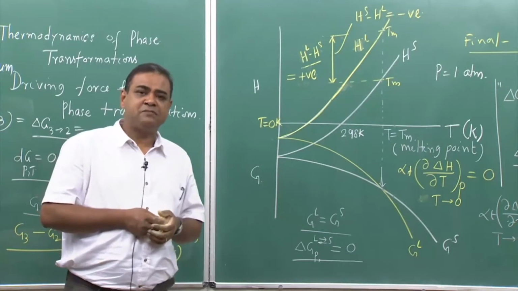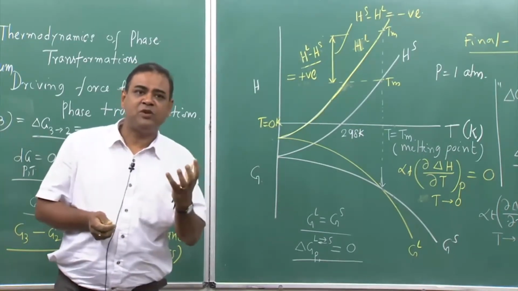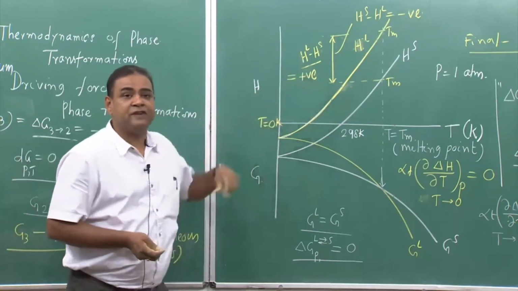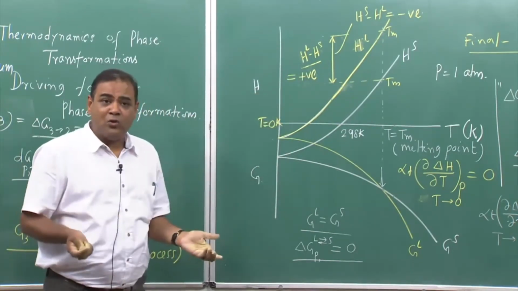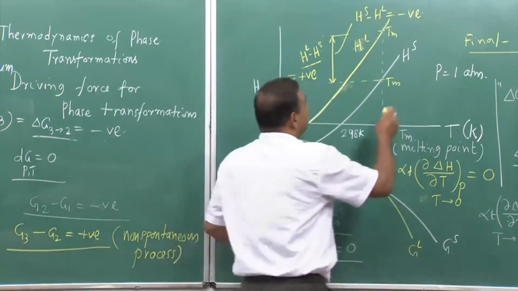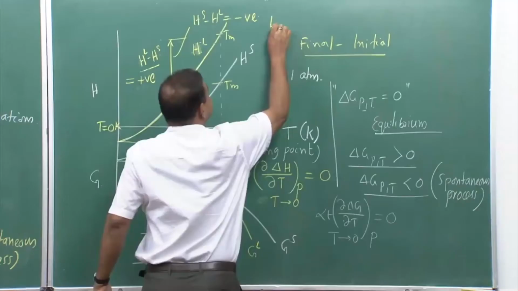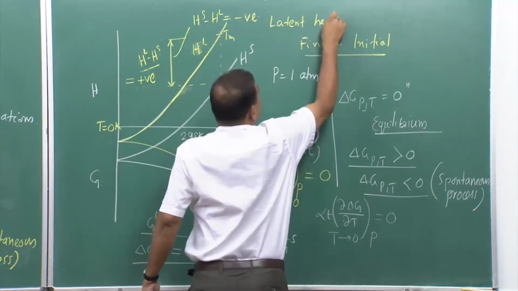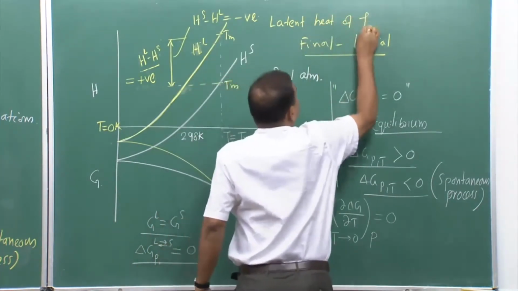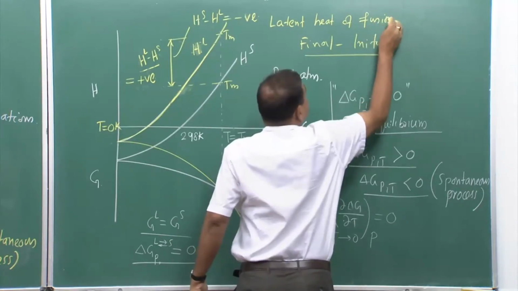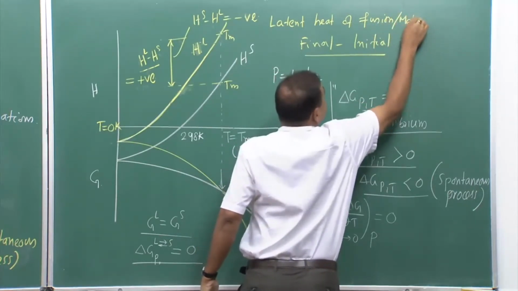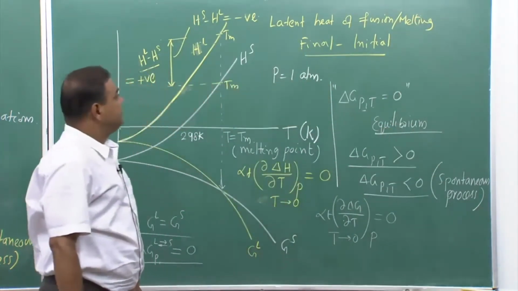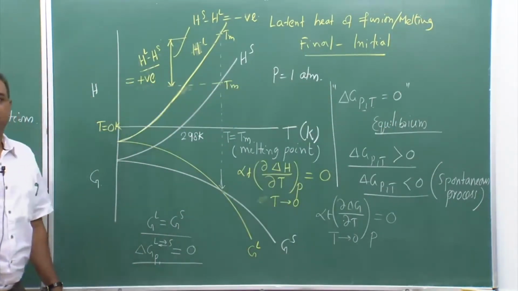And where is this possible? This is possible at melting point, and that time, that particular difference we all know, that is called latent heat of fusion or melting if solid goes to liquid.